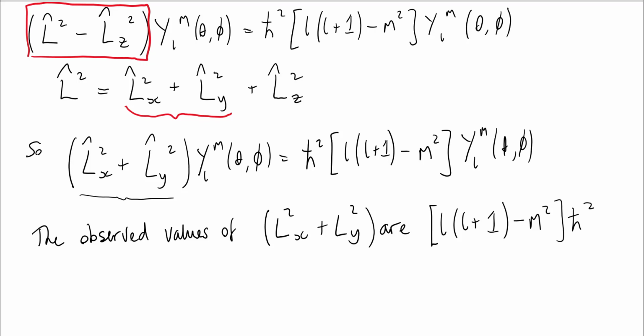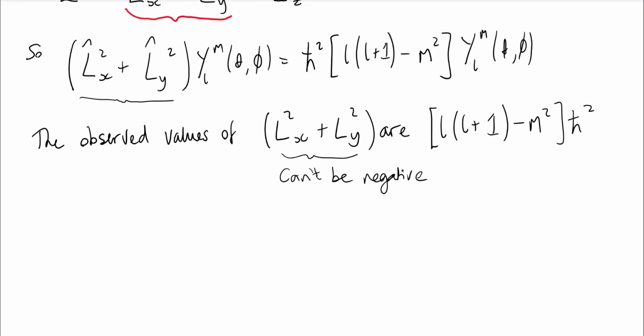And of course we know this term in here can't be negative. We've got the sum of two squares.